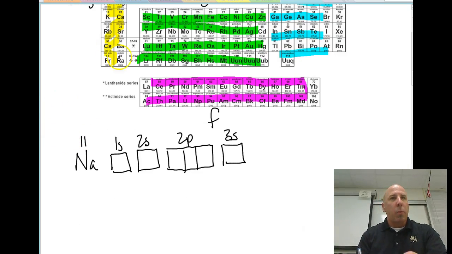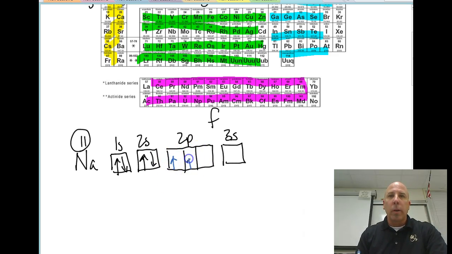Now let's fill these in, putting arrows equal to the number of electrons that a neutral sodium atom has. Remember the rules: we start with our lowest energy orbital, which is our 1s. We fill that up with opposite arrows, opposite spins. Then we go onto our 2s and fill that up. When we get to our 2p, we have to remember that we want 1 electron in each of the equal energy orbitals.